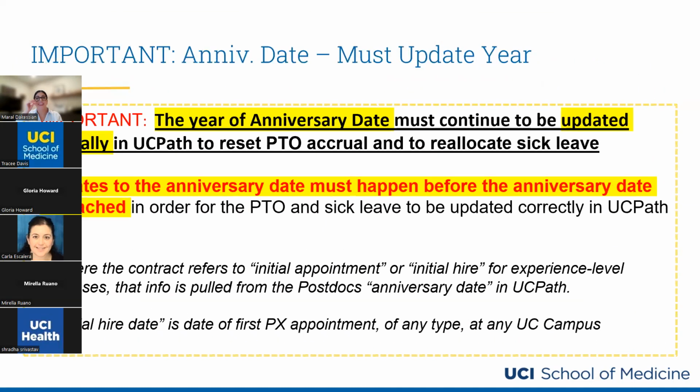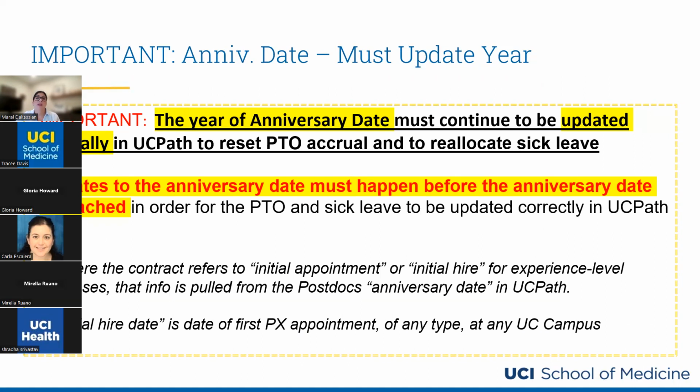Most importantly, in UC Path, if you've looked at your postdocs before, they have an anniversary date listed. That date must be kept up to date annually. So you may have to go in and submit something to HR ServiceNow to ask that that anniversary date be updated with the current year.